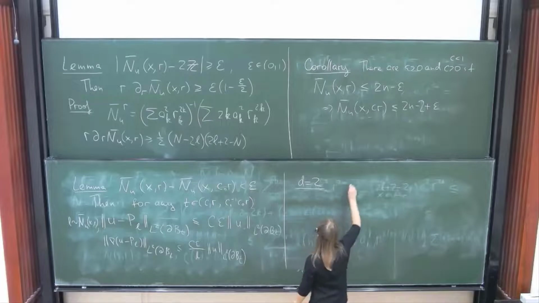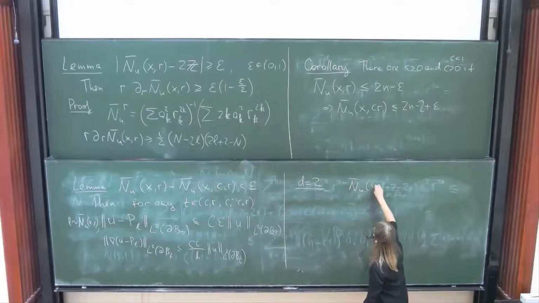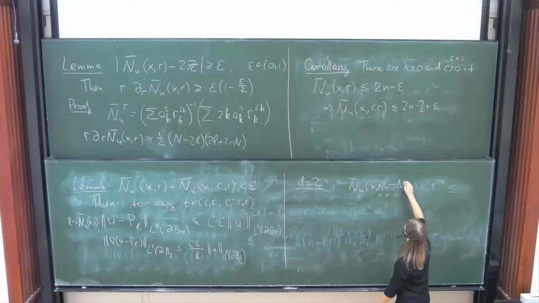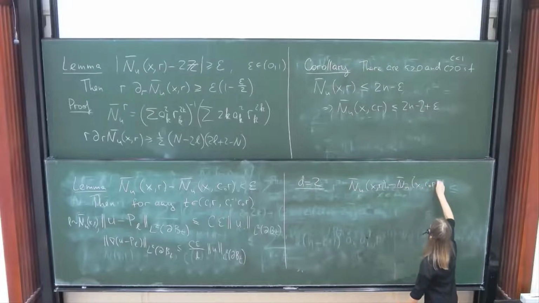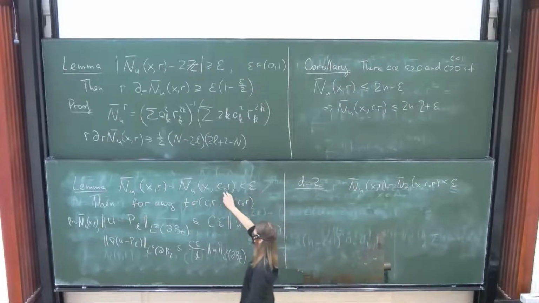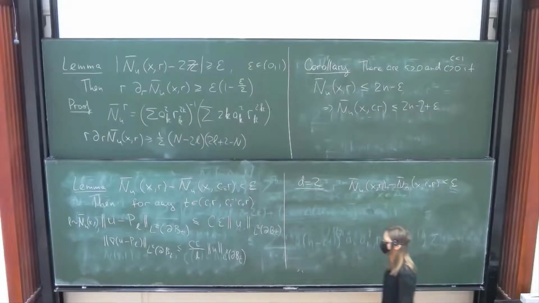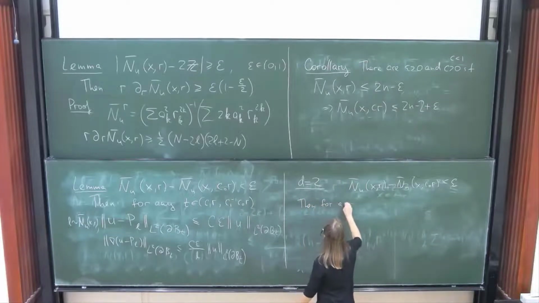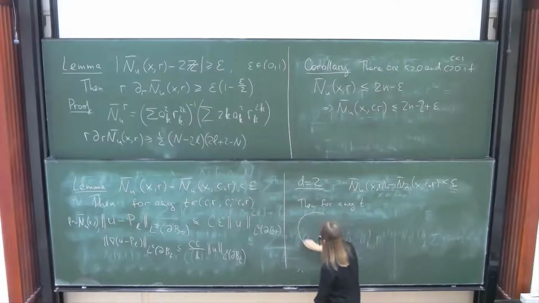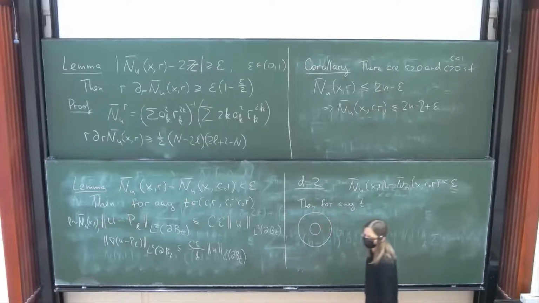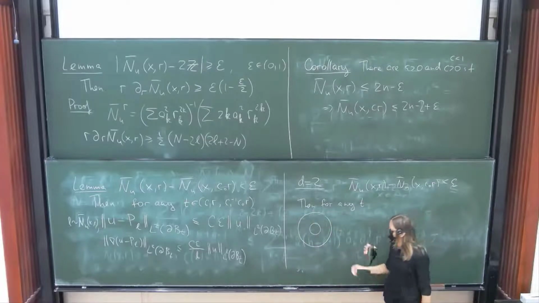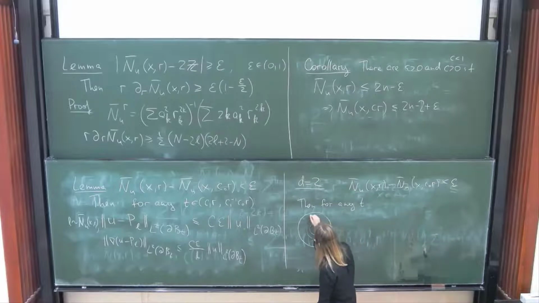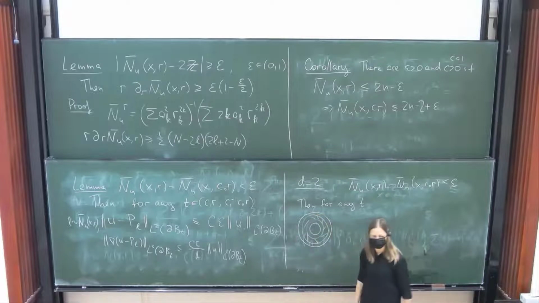So in dimension 2, in this situation, if this is less than epsilon with C0 small enough, then for any t in between, so you have those two cycles where the drop of the frequency is small, and I'm saying that you can take two cycles like that.